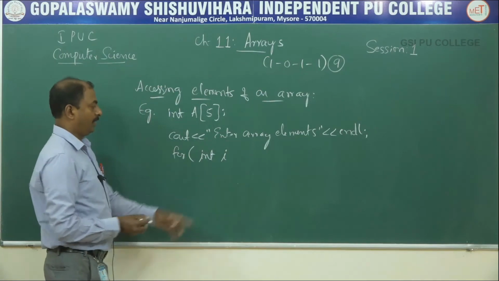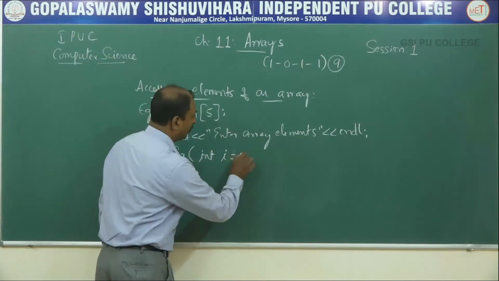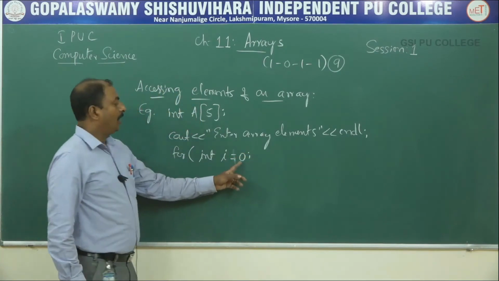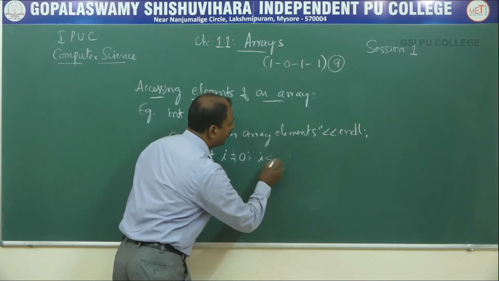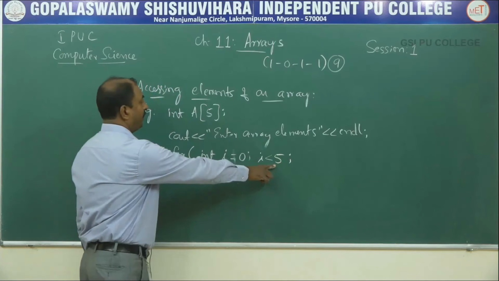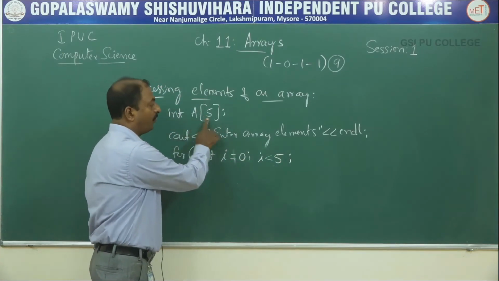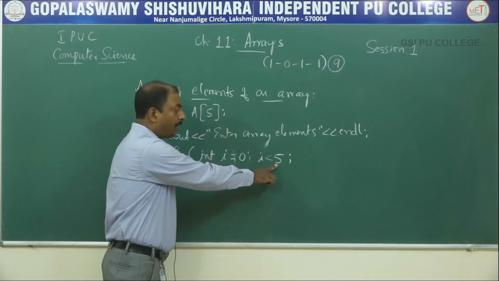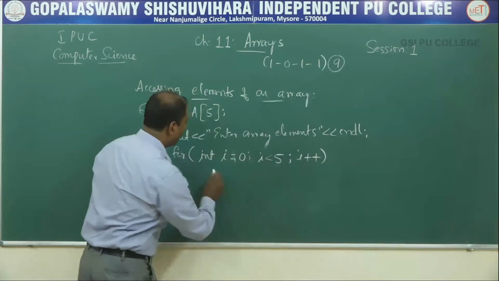This is the loop control variable, int i starting with 0, because the array index always starts with 0. i less than 5 and semicolon. 5 is the size of the array; in this example it can store only 5 elements. The condition will be less than 5, and it is i plus plus.